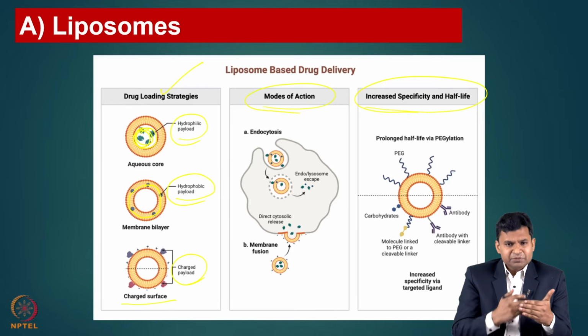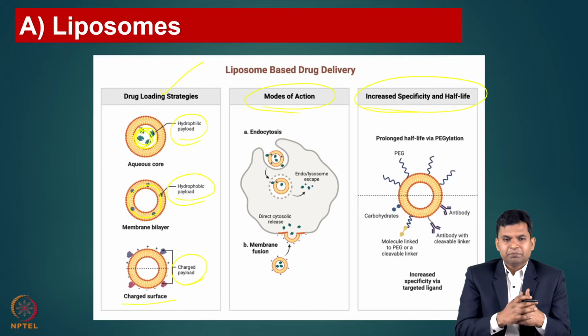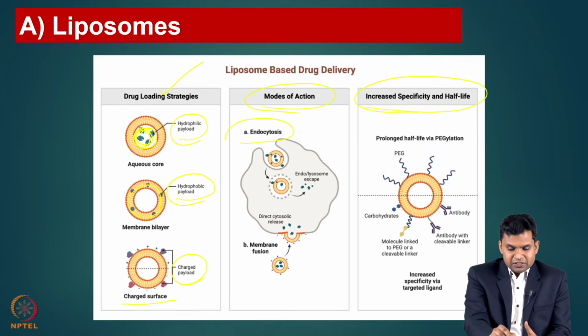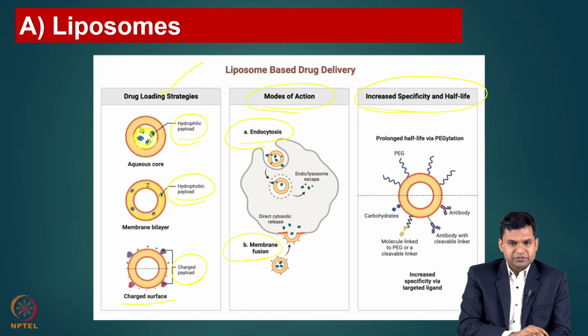Now, after administration, we will see what the fate of the liposomal formulation is in the human body. After administration, it undergoes two types of mechanisms for cell uptake: endocytosis and membrane fusion.